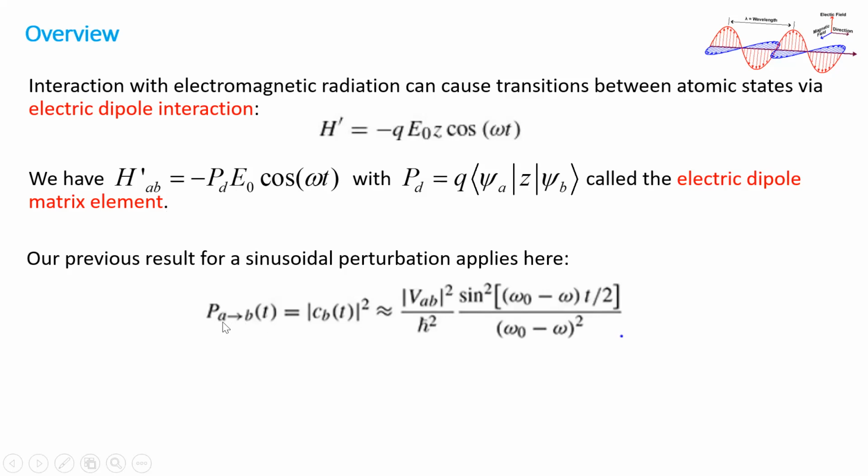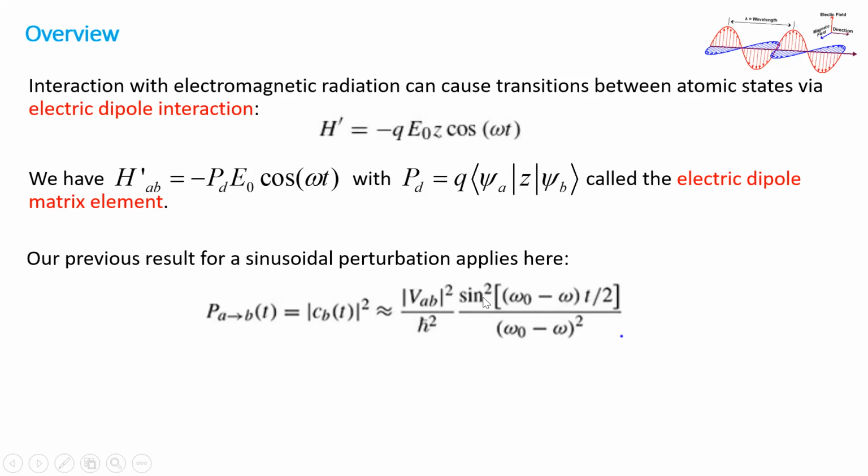The probability to go from a lower energy state A to a higher energy state B as a function of t was equal to the amplitude of the upper energy state B squared, which was given by this when we studied the sinusoidal perturbation. So it would be the matrix element VAB squared over H bar squared times a sine squared term over an omega naught minus omega term, squared.